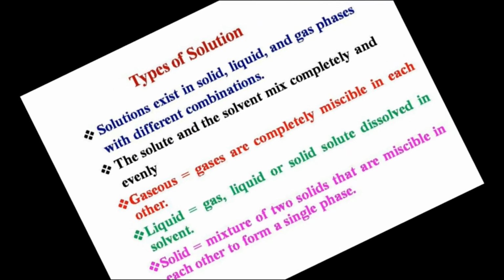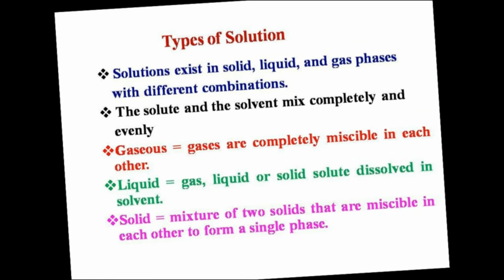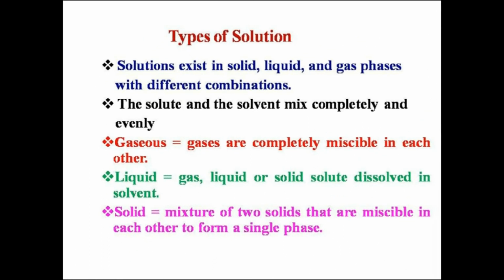What are the types of solution? When we think about solution, naturally we think about a substance dissolving in water because water is a natural solvent. However, solution can exist even in other forms too. It can be in solid phase or in the gaseous phase.